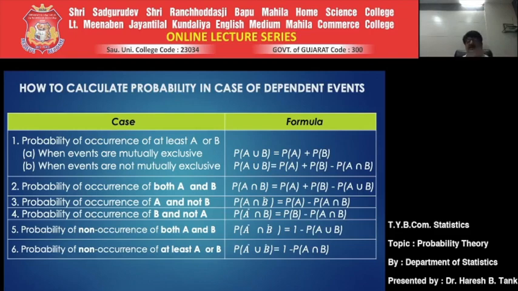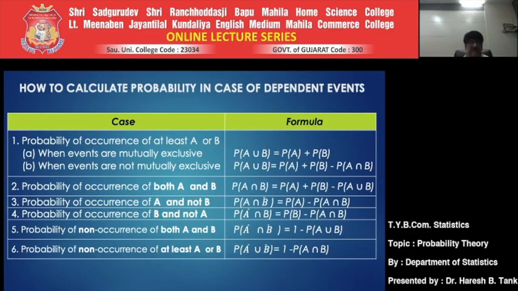Just replace them. Probability of A intersection B, if you take it to the left hand side, it will be positive. If you take probability of A union B from the left hand side to the right hand side, it will be negative. So the altered formula is probability of A intersection B equals probability of A plus probability of B minus probability of A union B.